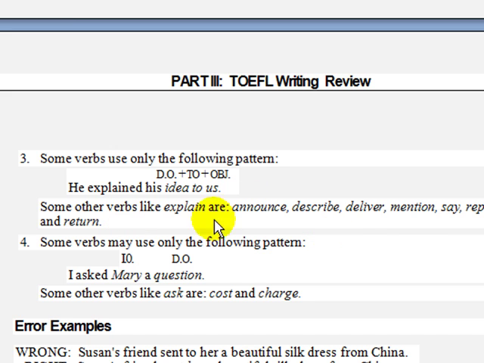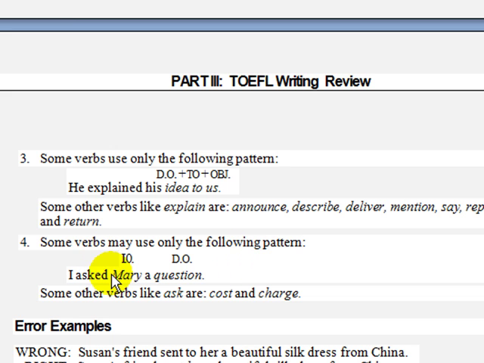The ones that usually use this form are words such as explain, announce, describe, deliver, mention, say, report, and return. "He explained" or "he described his idea to us."